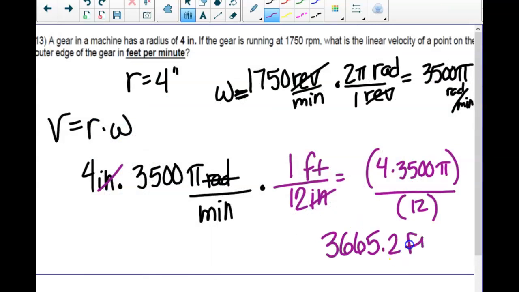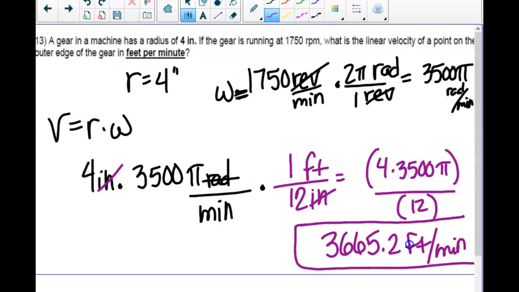Label: feet per minute. Now, if you rounded, like if you had typed this in and used that decimal, you might have a different decimal at the end, okay? I know that, and I will allow for different rounding on those, just so I can follow your calculations.